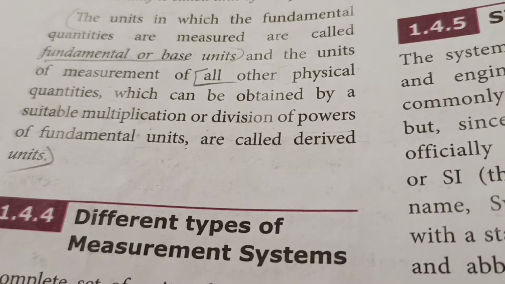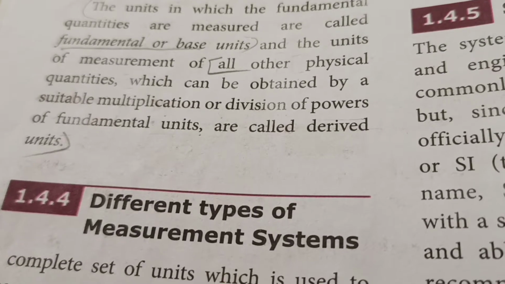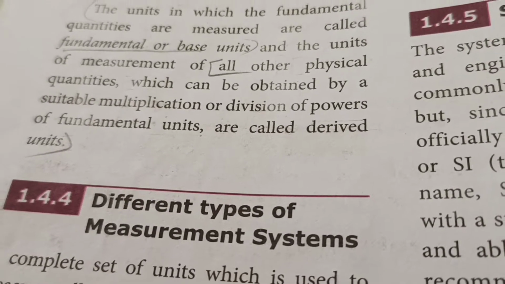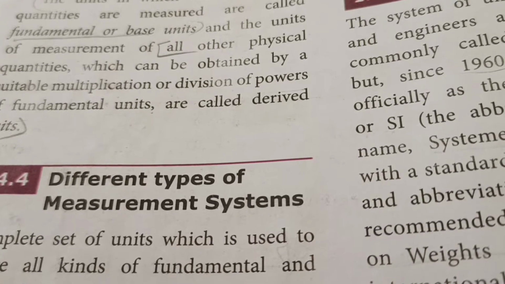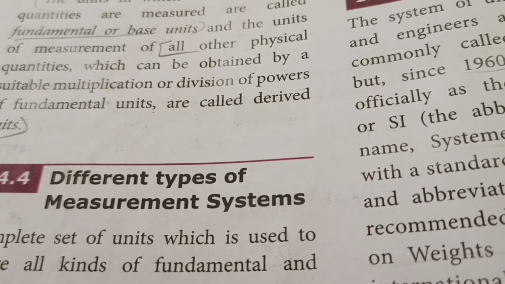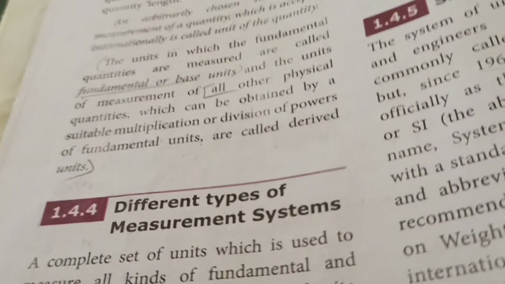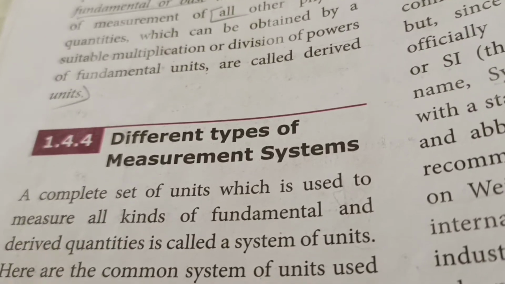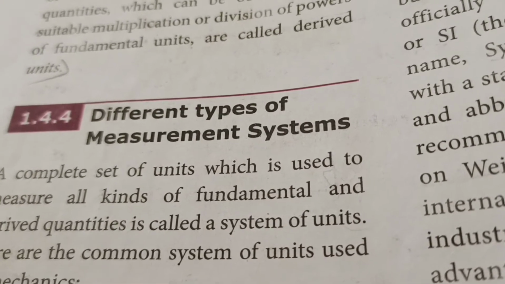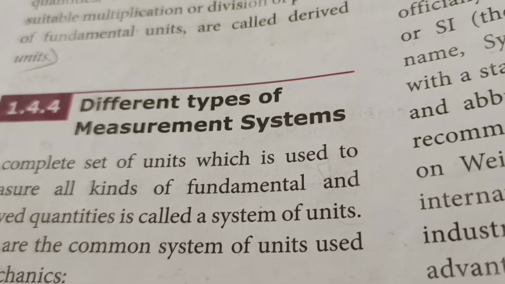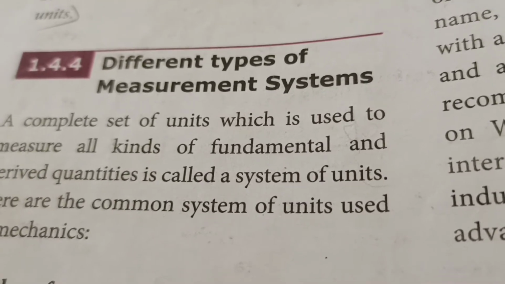The units in which the fundamental quantities are measured are called fundamental or base units, and the units of measurement of all other physical quantities, which can be obtained by a suitable multiplication or division of powers of fundamental units, are called derived units.